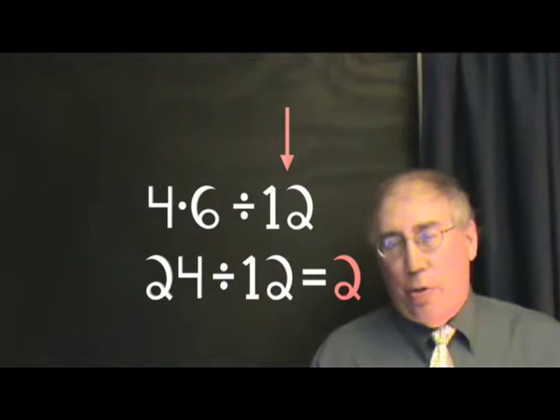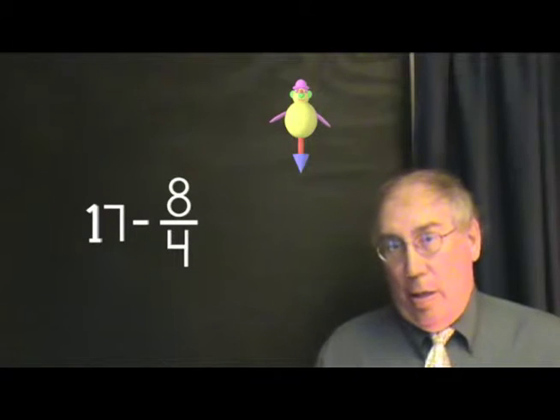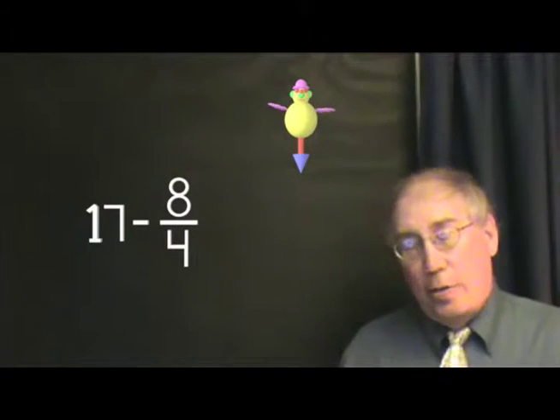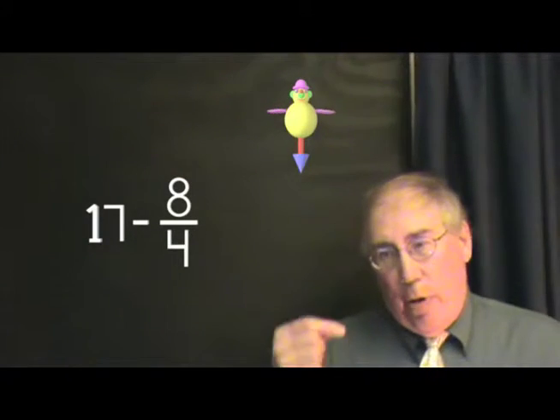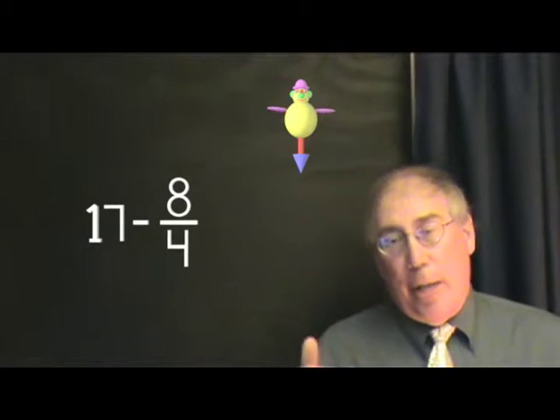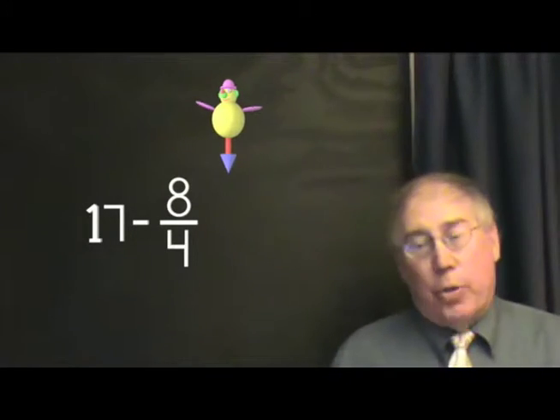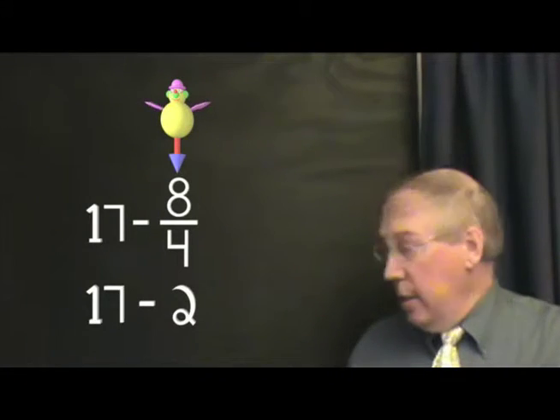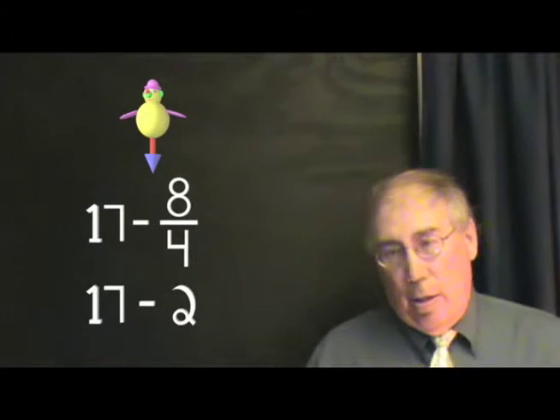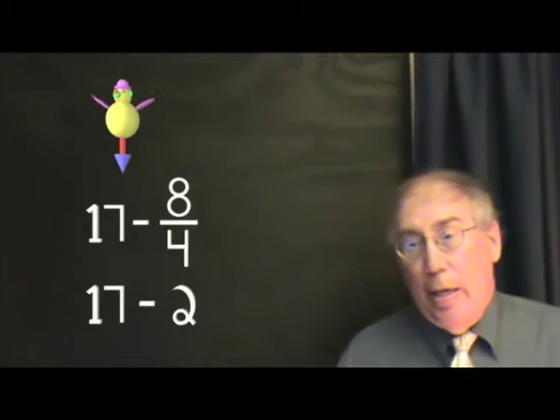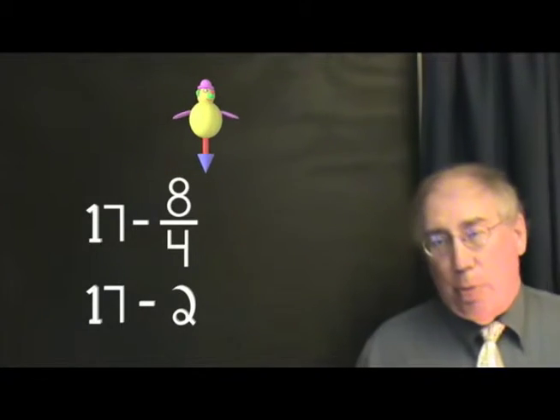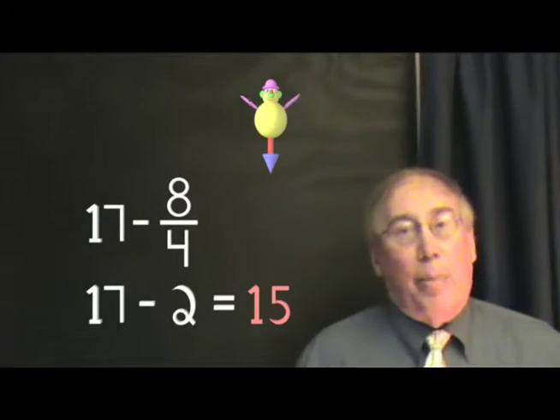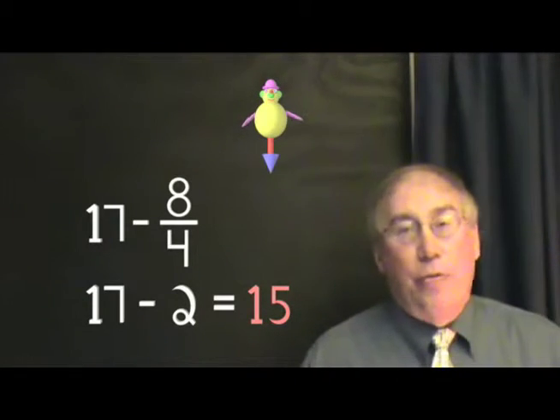Let's try one that involves subtraction and division. Remember that 8 over 4 is the same as 4 divided into 8. So we go left to right, find the multiplication or division, in this case division, and we'll take 4 into 8, that's 2, and then left to right and do our subtraction. So 17 minus 2 is 15.